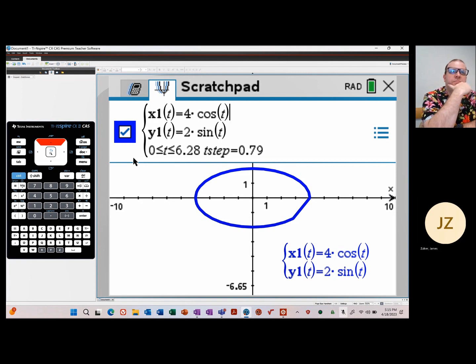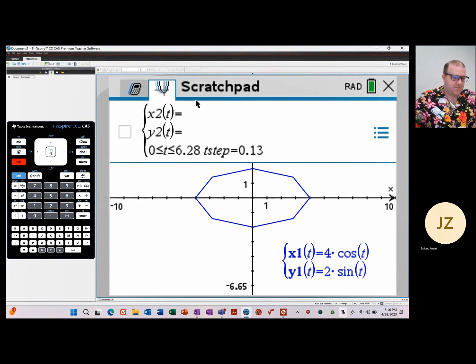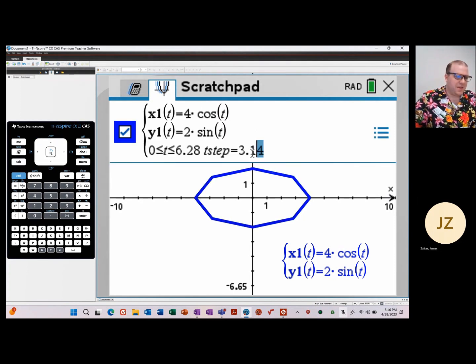It's kind of like the x scale, y scale. How much am I going to step t by each time? I'm wondering if that's what's causing that. It shouldn't. What happens if I change the step to pi? That is what's causing it. So they had 0.13. I'm going to go back to 0.13 and see what that does.